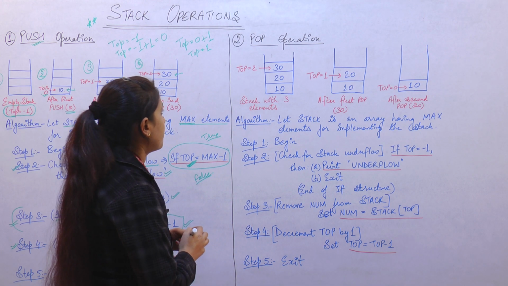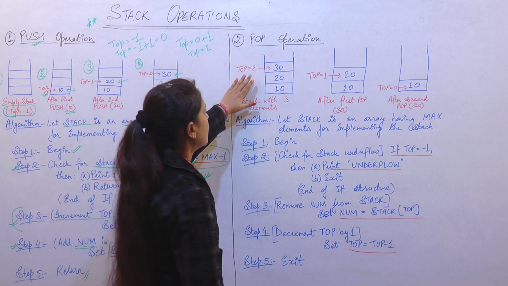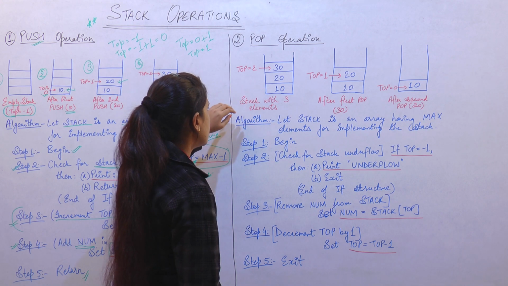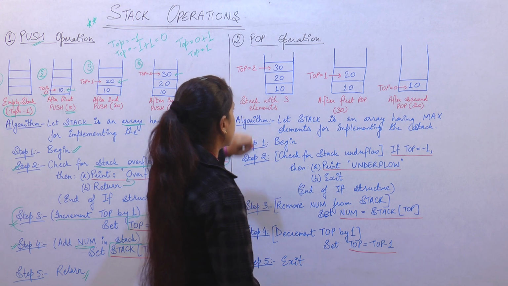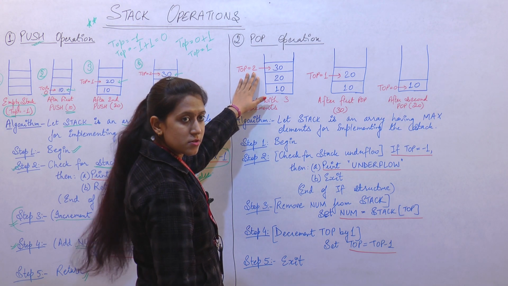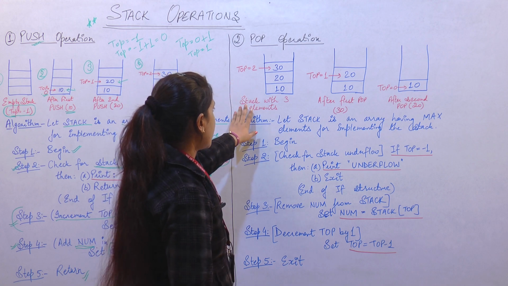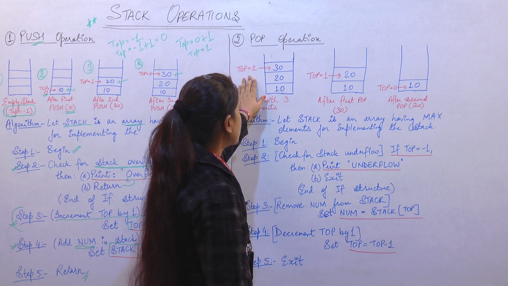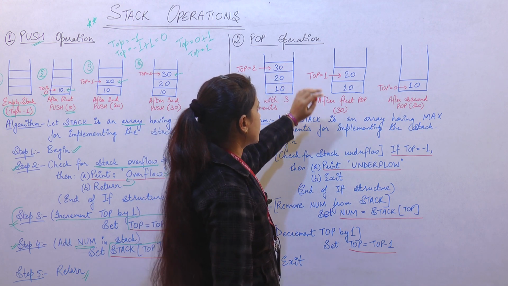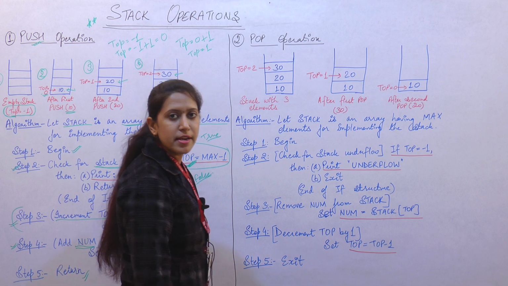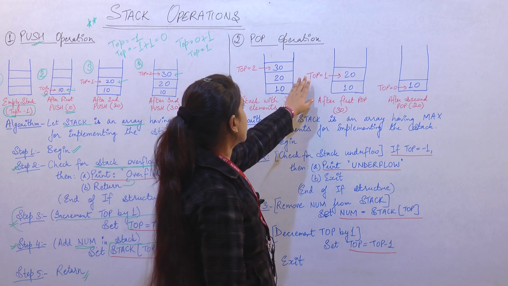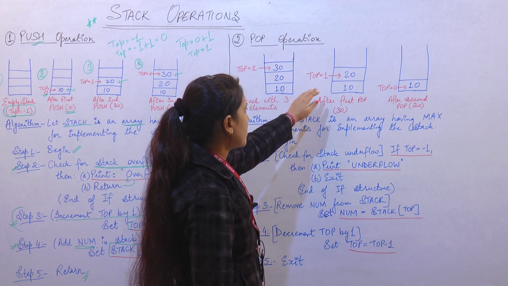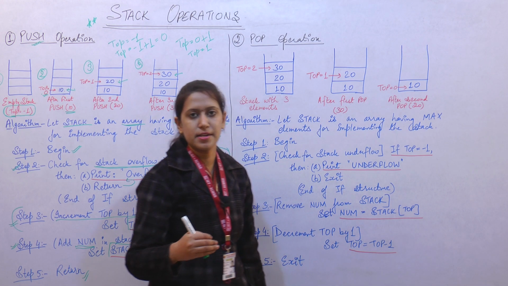So the example of pop operation is, we are having a stack in which we have stored 3 elements. First one was 10, 20 and 30. The value of top here is 2. So we are having a stack with 3 elements. After deleting the first element, that is 30, the element stored at the top will be removed first. So after deleting the top element, that is 30, from the stack, the value of top will decrement by 1.